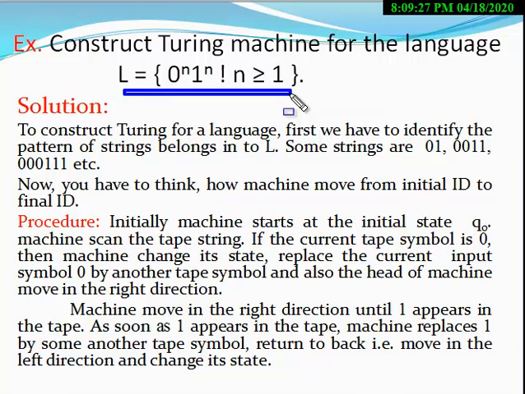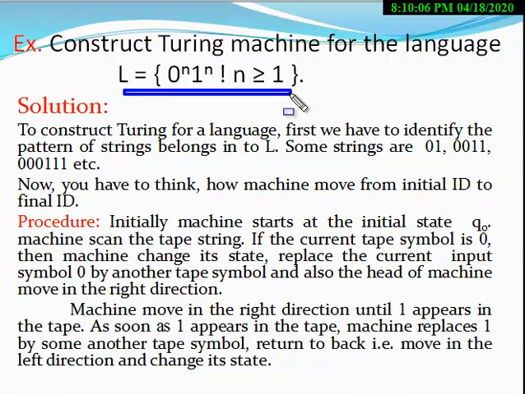In this lecture, we shall learn how to construct a Turing machine corresponding to this language. When you have to construct a Turing machine corresponding to a language, first you have to analyze the strings which belong to this set and identify the pattern. All the strings which belong to this set consist of n number of 0s followed by n number of 1s.